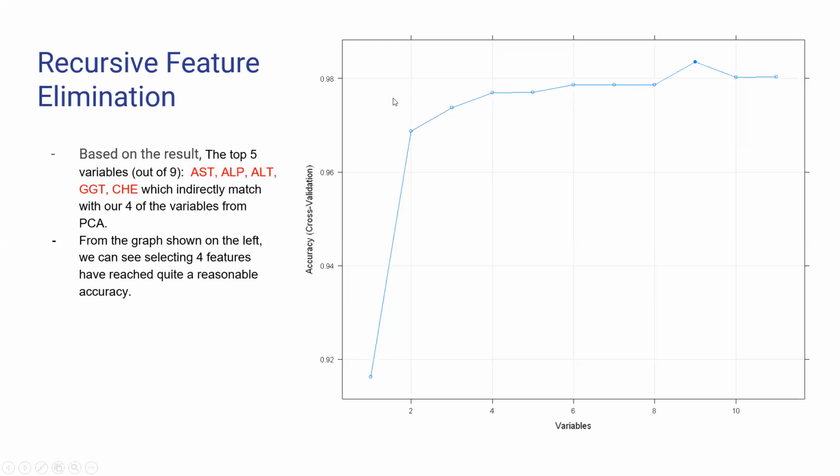So if you are training a model and prefer to use fewer features, we would recommend using AST, ALP, ALT, and GGT for this model. And of course, if you're always looking for the highest accuracy, there are 9 features here, which then the result is shown in the notebook itself, but not from the slides.